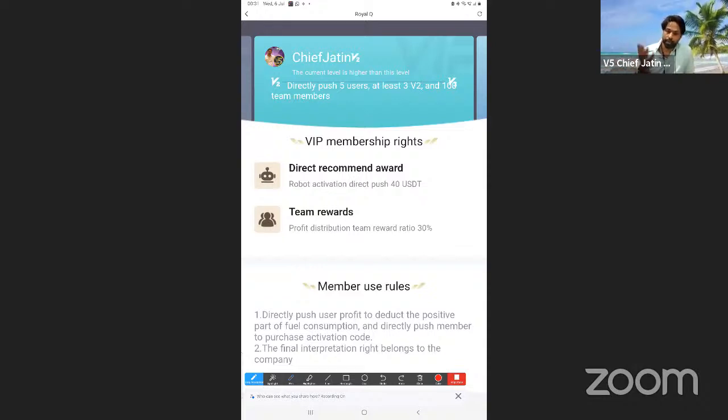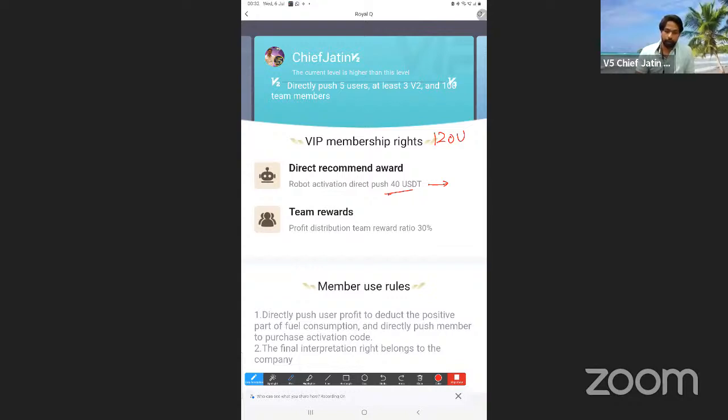But if you trade that capital on Royal Q and Binance, you can get 100%, maybe 400% every year. So if Benjamin agrees, he will be paying $120 as a subscription fee. Instantly, I will be getting 40 USDT. Instantly, I can transfer this 40 USDT into my Binance, and from Binance into my local bank.